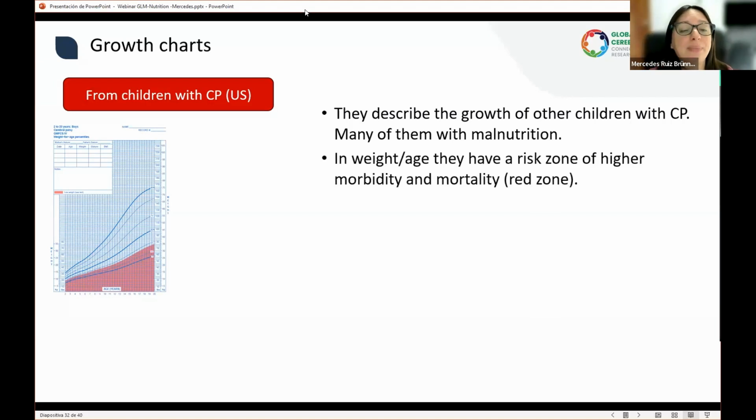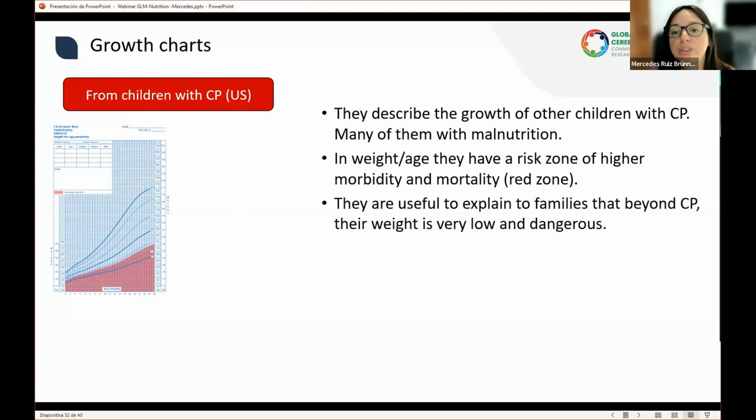In weight for age, something that is really valued is that they have a risk zone of higher morbidity and mortality, the red zone that we can see here in the chart. They are useful to explain to the family that beyond the CP, their weight is very low and dangerous and is in a risk zone that can lead to more complications.